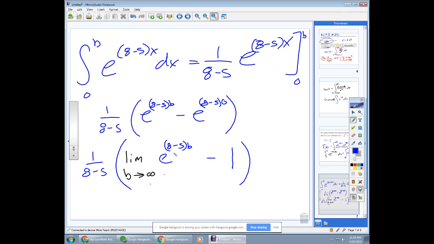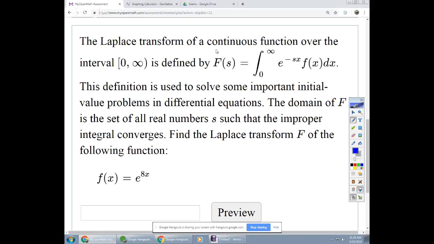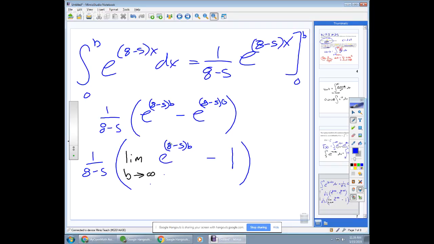All right, so some other information back from the original problem about that. This is a Laplace transform. The definition is used to solve some important problems. The domain of f is the set of real numbers s such that the improper integral converges. So we got to figure out, well, when is this going to converge and when is it not going to converge? Well, if this is a positive number right here, and I go to infinity, that's a problem. Because let's call that e to the a for a minute.